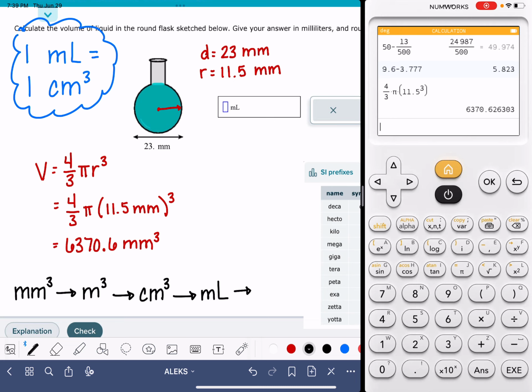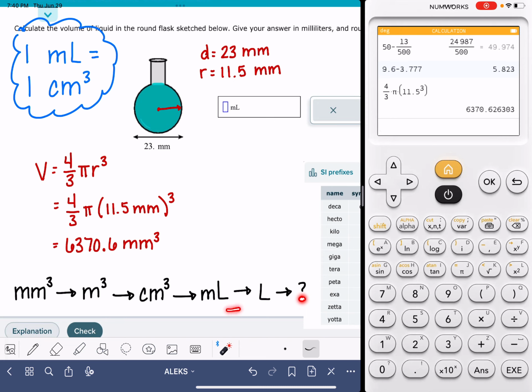And then, depending on what type of answer ALEKS is trying to get out of you, you might need to convert milliliters into liters and then convert into the desired unit for your answer. So this first step is optional based on what unit you're starting with. Maybe you're starting here in the process and carrying on. And these last steps are optional as well, because maybe this is the answer that ALEKS wants from you.